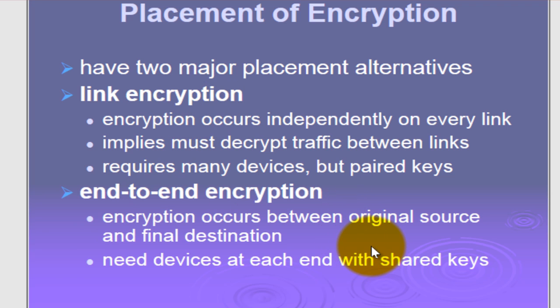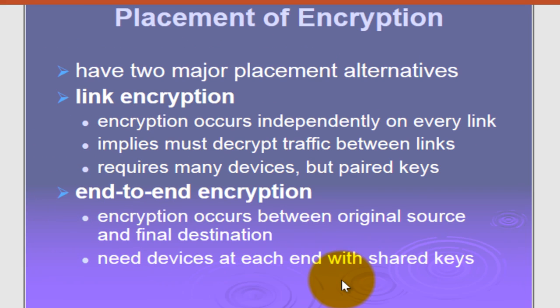Link encryption is encryption which you have to place for every link in a network connection. Whenever the data is being transferred from one router to another router, in a network you have so many packet switching networks. When one router is connected to another router, it is called a packet switching network.